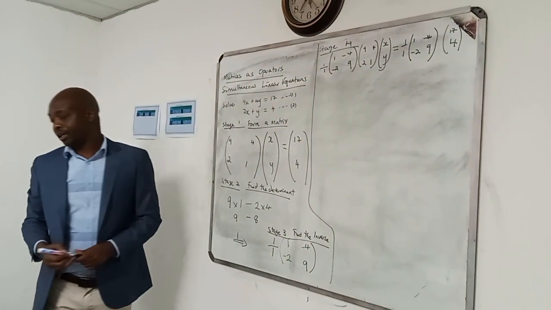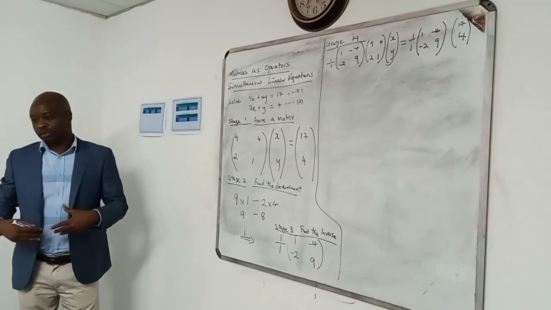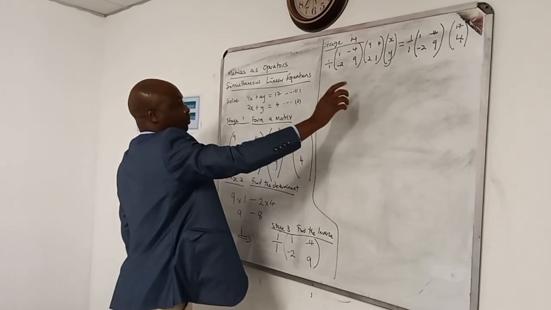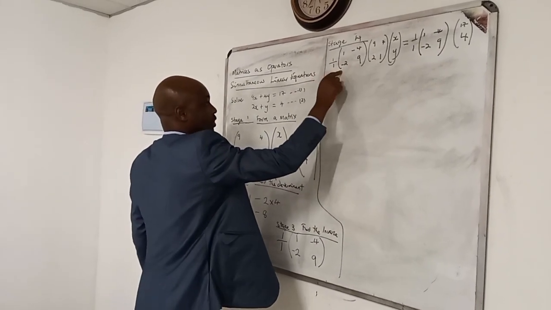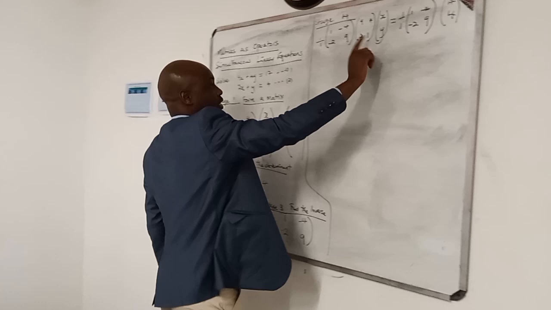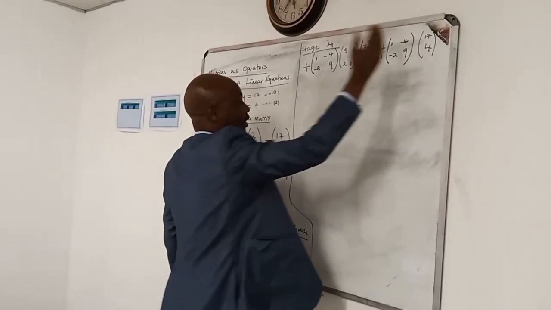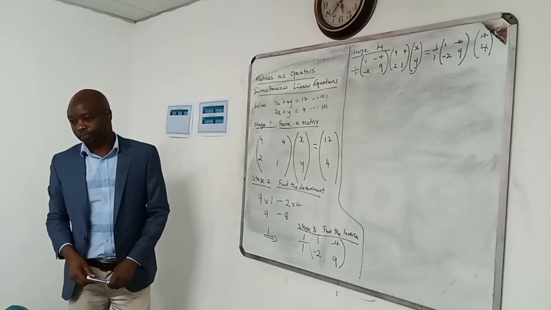That's pre-multiplying. Pre means before. So you are multiplying the original matrix 9, 4, 2, 1 by its inverse, and you do the same to your right-hand side.